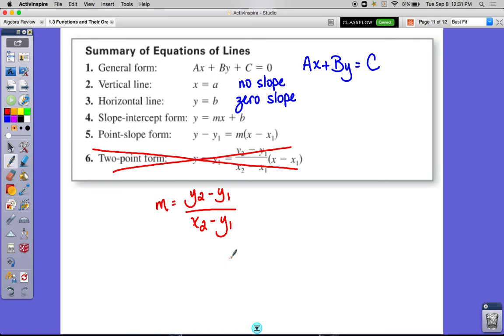That's all it is. y2 minus y1 over x2 minus x1 is the slope already. And they just move things around so you can compare the 2 points. That's really not necessary. It is useful sometimes, but not often does it really come into play. I wouldn't bother with it. That is completely up to you, though. If you want a new one to commit to memory, you can definitely use that.